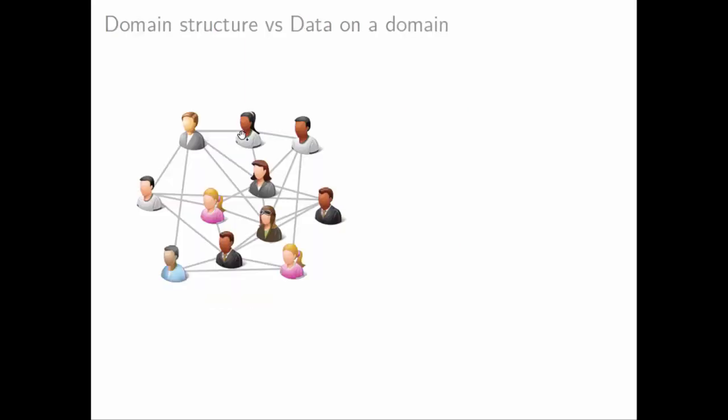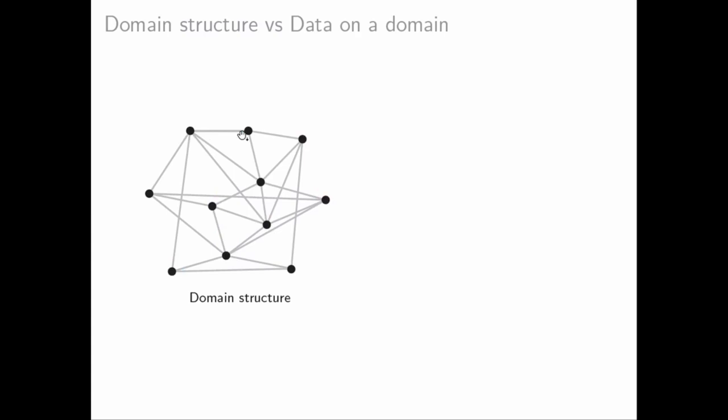So what are the different tasks that we are going to be considering and that are treated in our framework? The first one is to make this distinction between what we call domain structure and data on a domain. Domain structure might be, say, your favorite social network. In a domain structure problem, you might be interested in using the graph, or basically the connectivity, as the input itself, and you might want to infer properties of this connectivity structure.